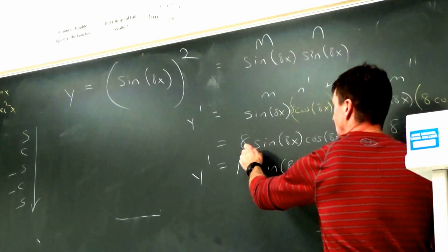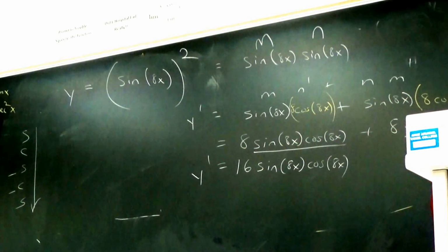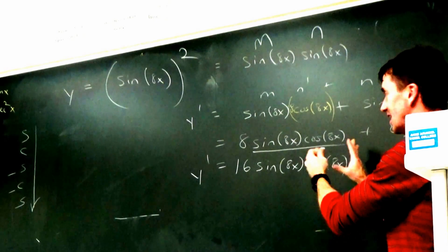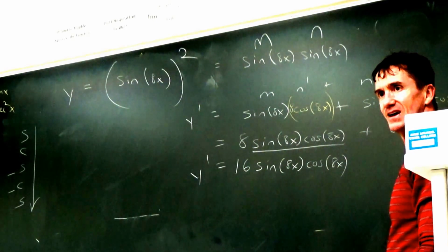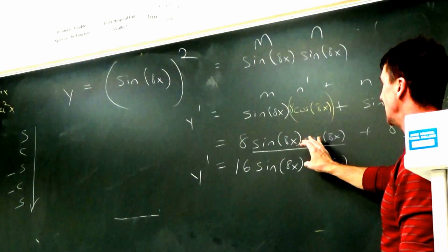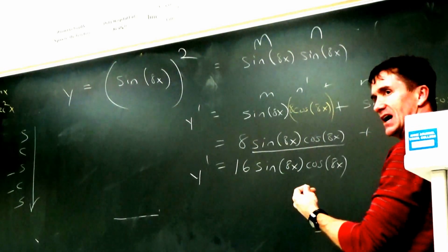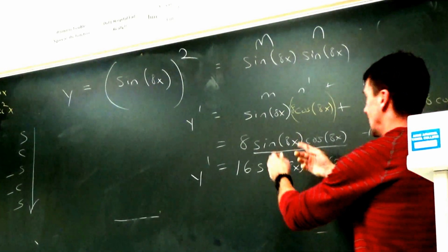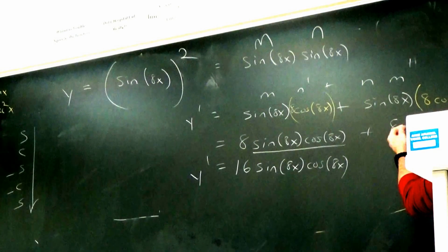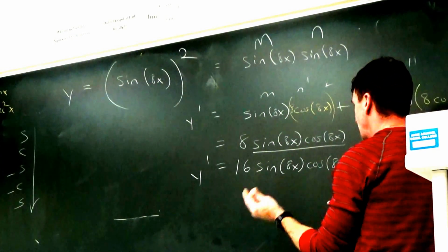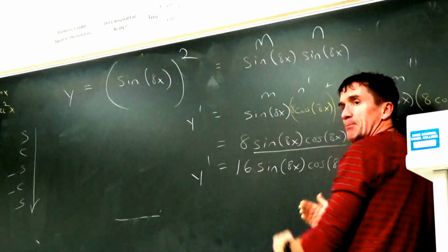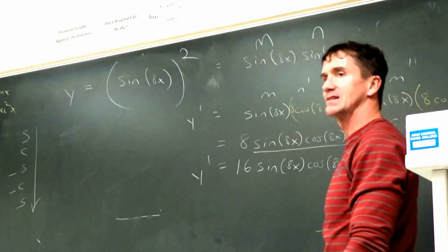We can treat these like gigantic x's. They're just like terms. You can think of sine 8x cosine 8x as just a giant apple. I've got 8 of these apples plus 8 of these apples, and you get 16 of these apples. You don't multiply it or anything like that.